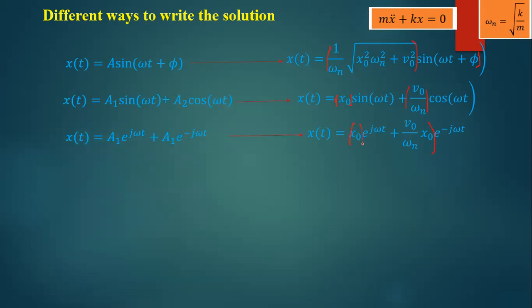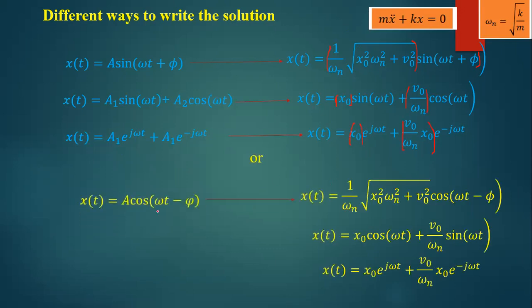This one is within this bracket, and this one is within this bracket. Or we can represent in the cosine. Here it is in terms of sine. Similarly in cosine, because cosine and sine have a phase difference, this minus indicates that they have a phase difference. A similar approach.